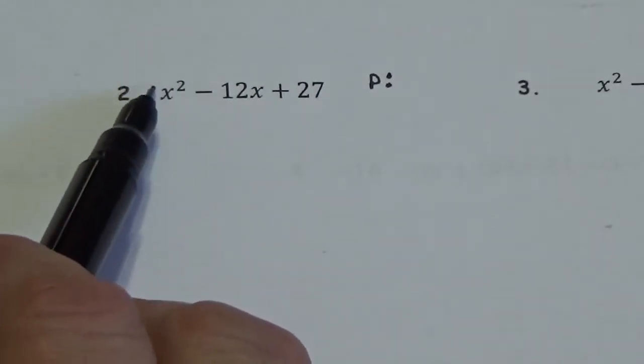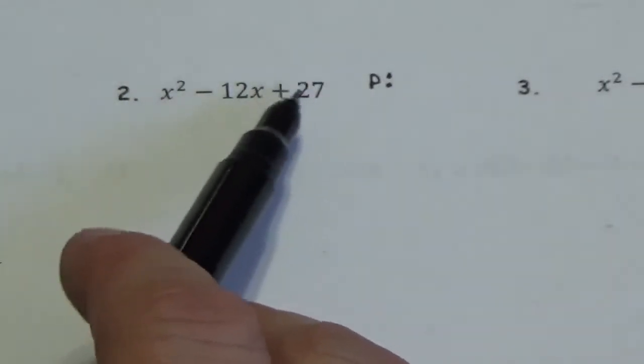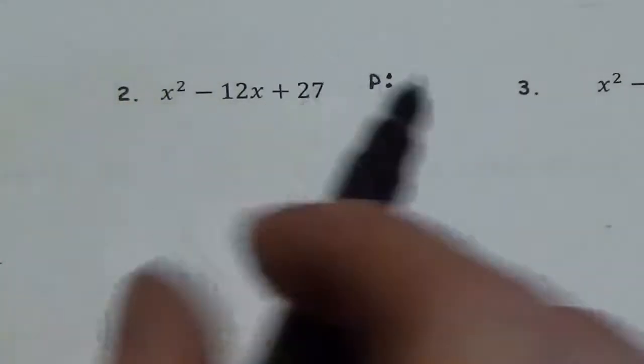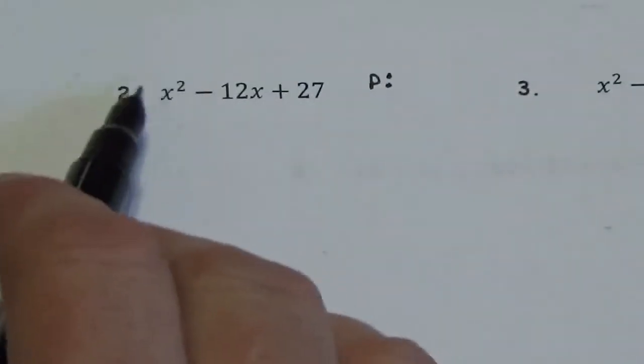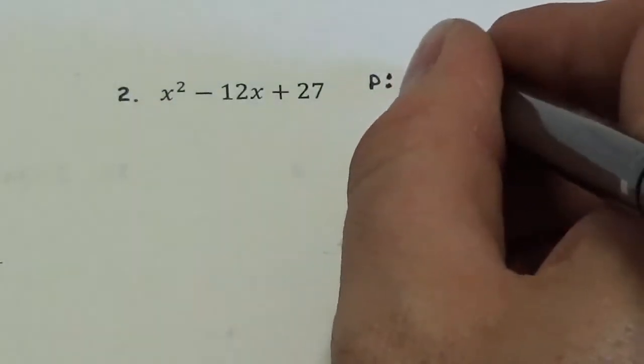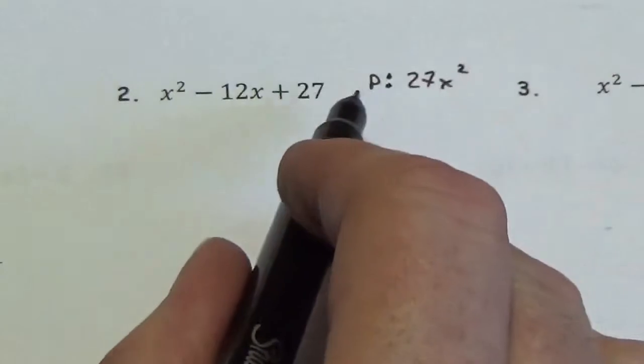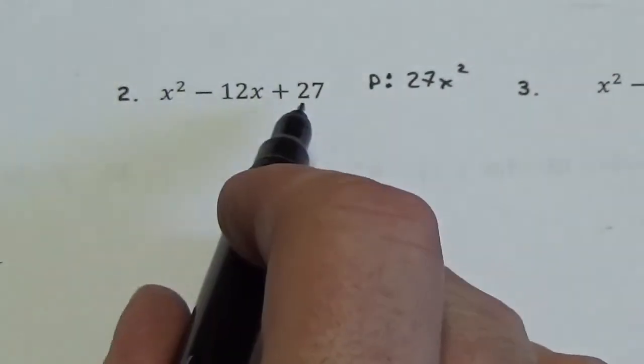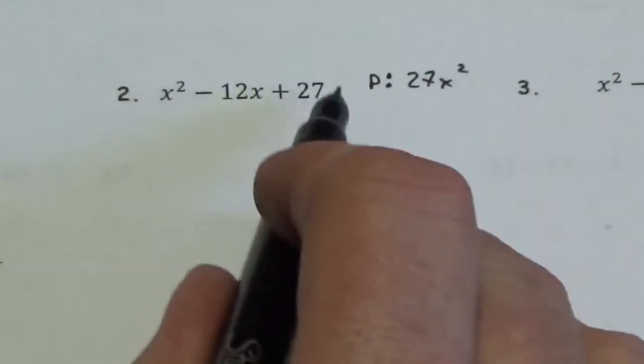I'm going to take the coefficient of the x squared and multiply it by the constant. So 1 times 27, or actually, I should just take the first term to be consistent. x squared times 27 is 27x squared. So I've got a product here of 27x squared when I multiply the first term by the last term.